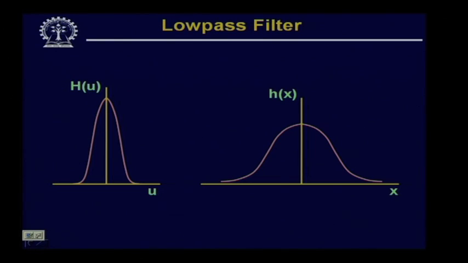And the narrower the frequency domain filter, the more it will attenuate the low pass frequency components, resulting in more blurring effect. If I make the frequency domain filter narrower, that means the corresponding spatial domain filter or spatial domain mask will be flatter. That means the mask size in the spatial domain will be larger.